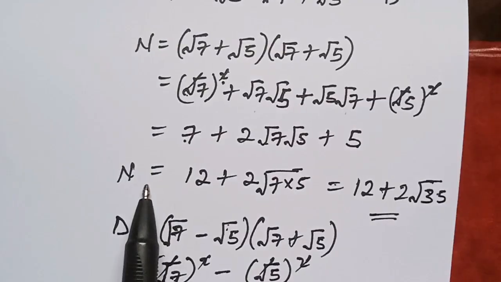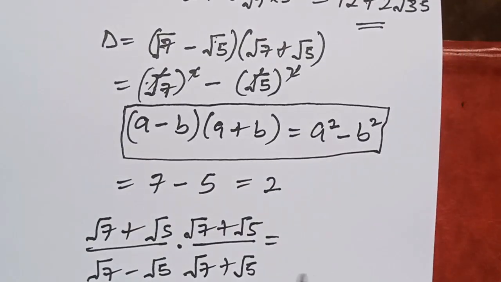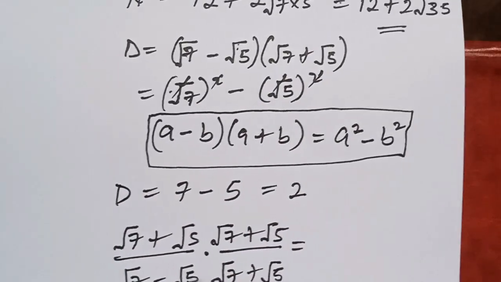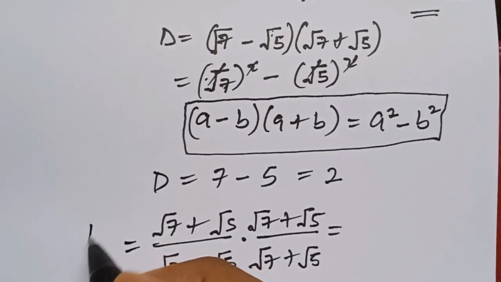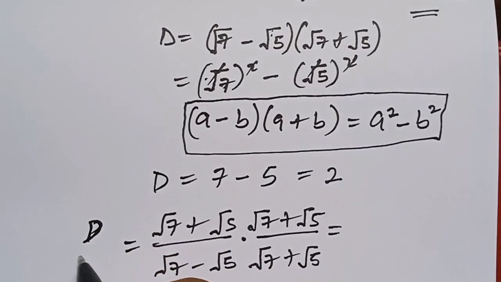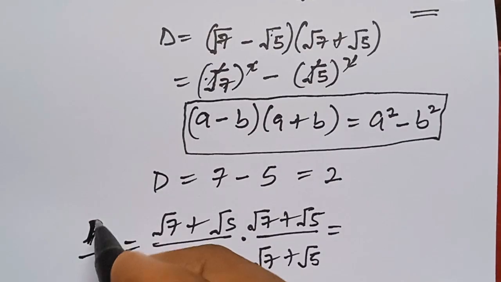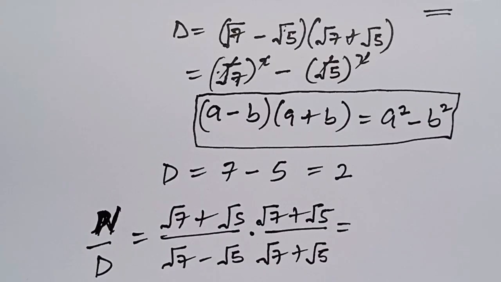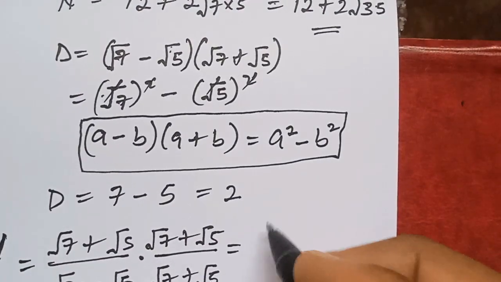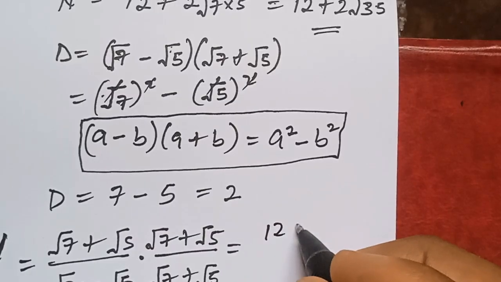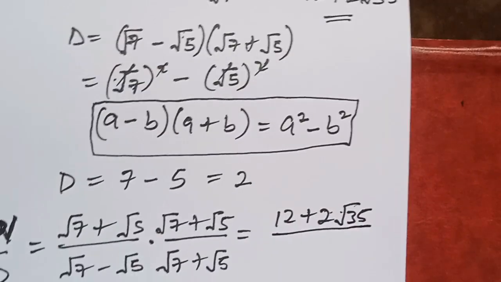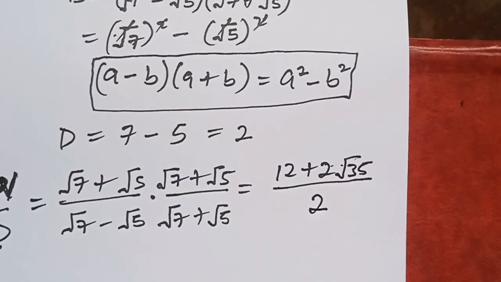The numerator is expressed as this, and the denominator is given as 2. So it means that n over d, as we indicated earlier, the numerator is 12 plus 2 square root of 35, and the denominator gives us 2.